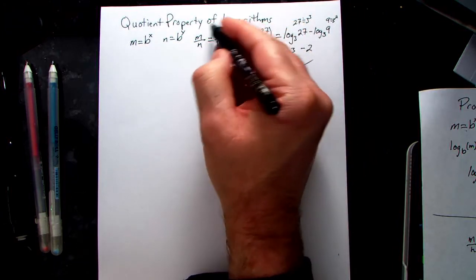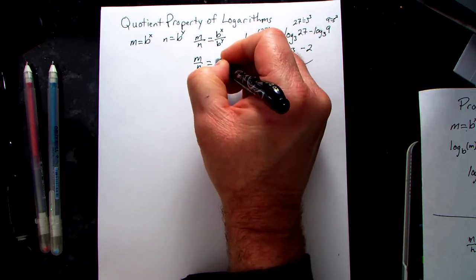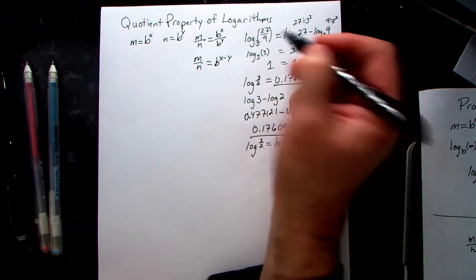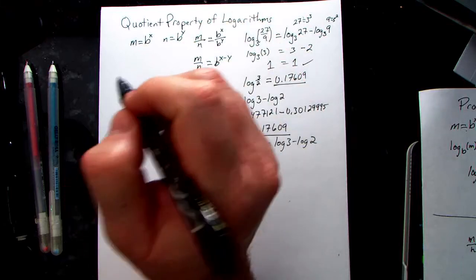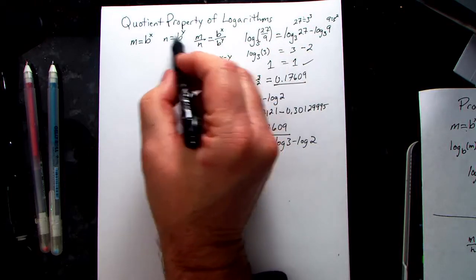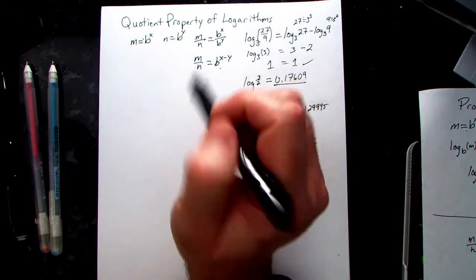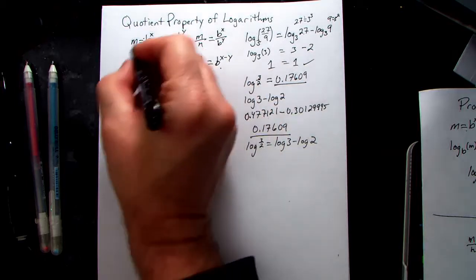Let's clean this up a little bit. m over n equals b to the x minus y. It's a little simpler to write, maybe. It'll definitely be simpler for working with later. Now what we're going to do is for each of these three equations, rewrite them from exponential form into logarithmic form.